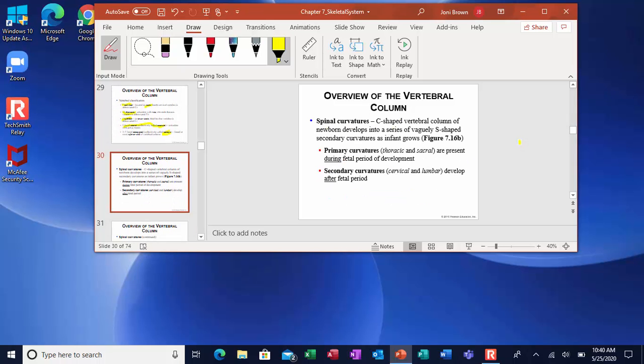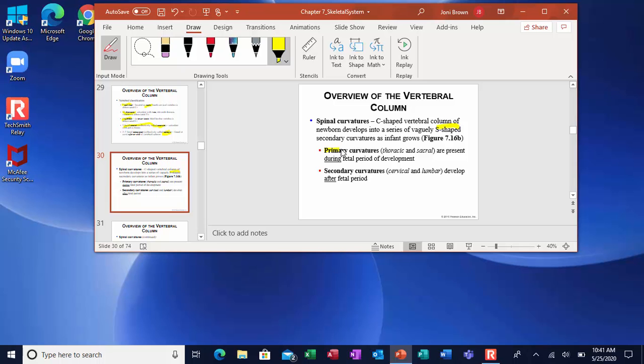Now, our spine has curvatures to help support the weight of our body. It should be shaped like an S, and when the baby is born, the infant's going to have a C-shaped spine, and as they develop, they get secondary curvatures that give it an S shape.